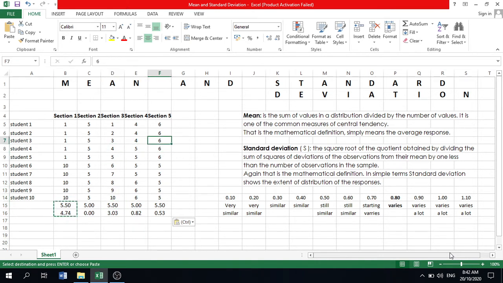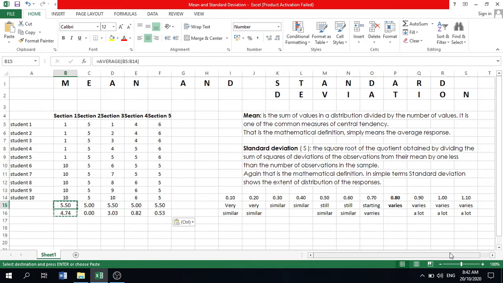Section 4, we have 3 students who got 4, 4 who got 5, then 3 who got 6, basically a concentration of scores around the median. And in section 5, we have 5 students who got 6 and 5 students who got 5, indicating scores just above the median.